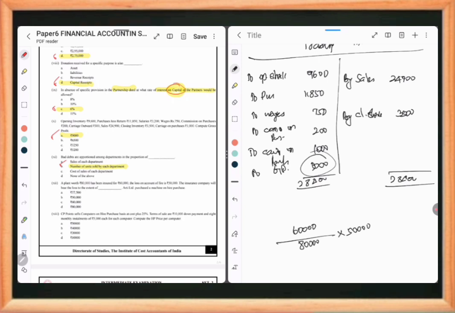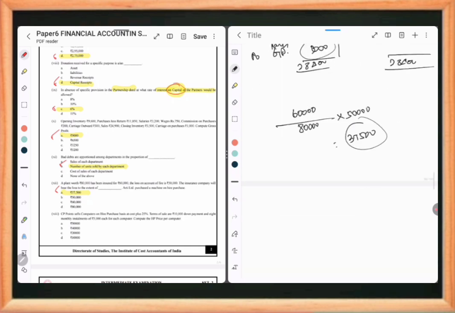So 60,000 divided by 80,000 into 50,000. So answer 37,500 will be the correct answer. So here A is the correct answer. Please make note of it.